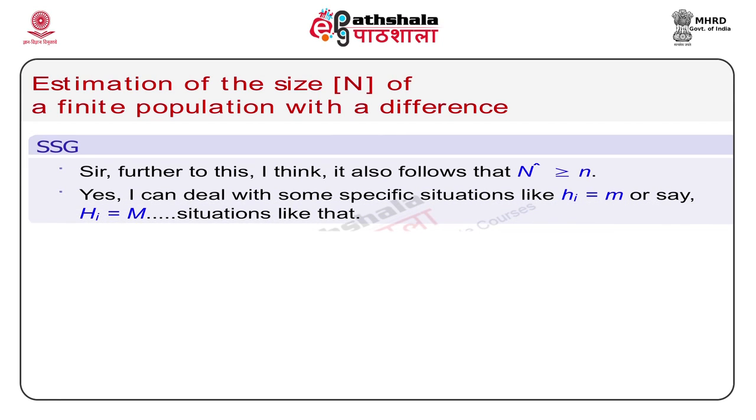Yes, I can deal with some specific situations like when the hi are equal to m, or capital Hi equals capital M. It is very tempting to feel that this type of result should hold unconditionally, whatever be the nature of the population network. It turns out that in the most general form, N hat may turn out to be less than small n. However, in most applications it satisfies the desired inequality, namely N hat greater than or equal to small n.